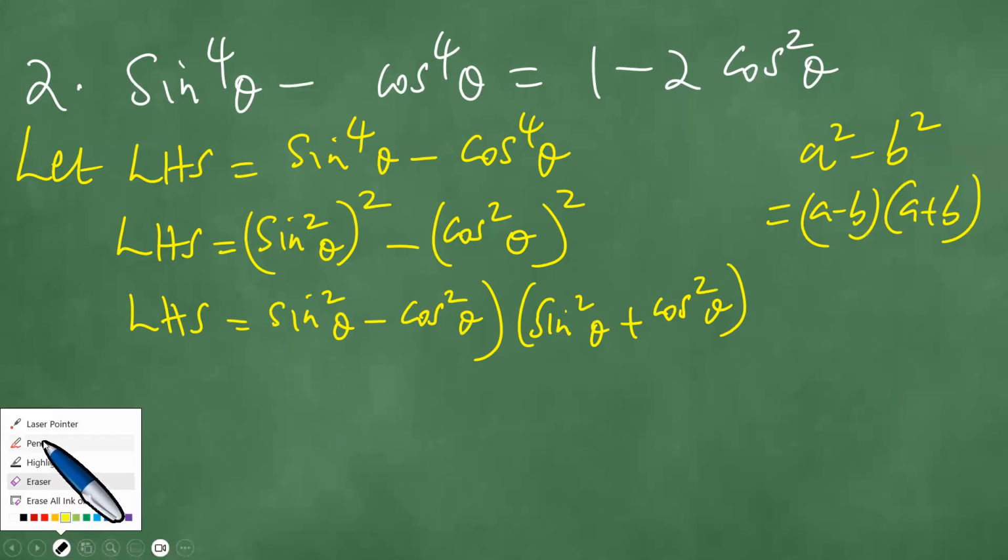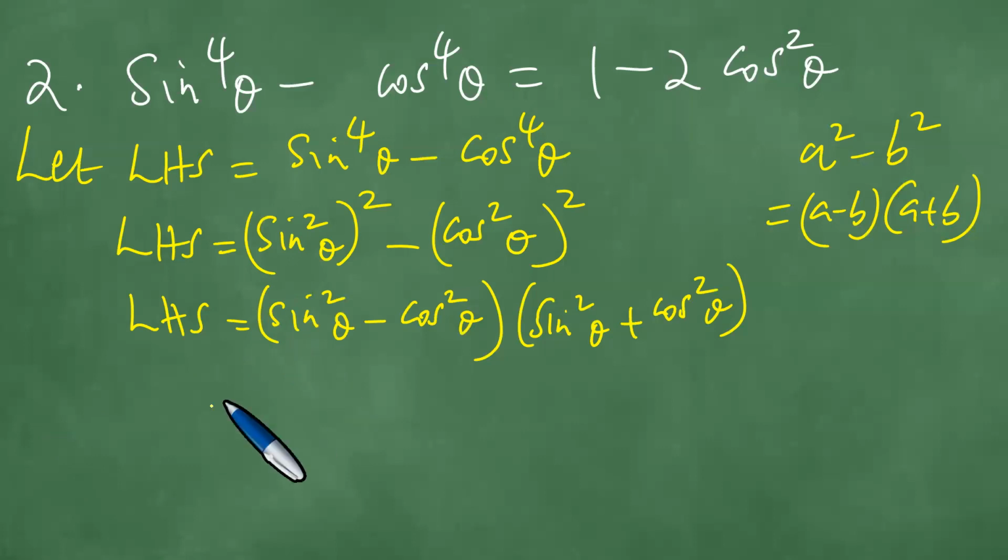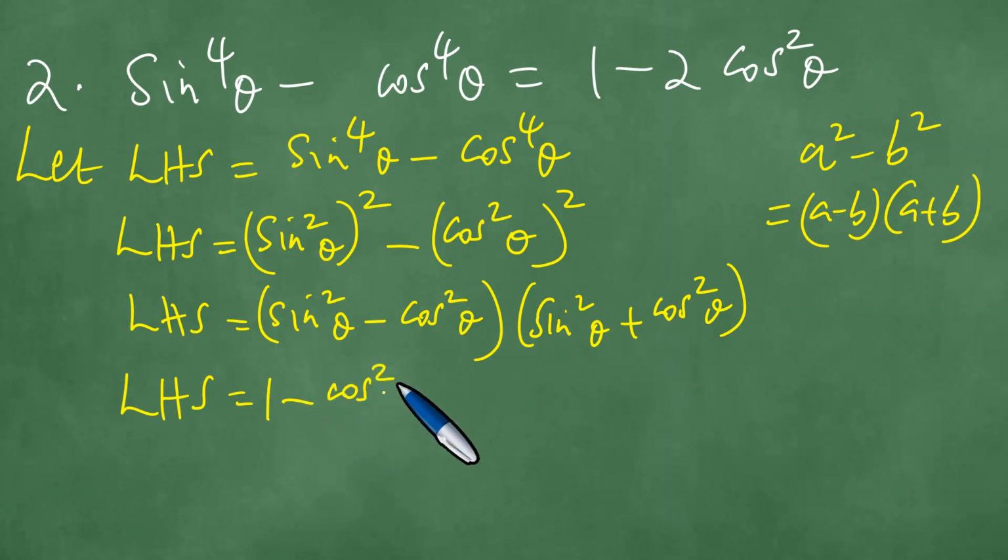So you have the left-hand side. What is sine squared theta plus cosine squared theta? This is 1. But we know that sine squared can be written as 1 minus cosine squared theta, minus cosine squared theta.